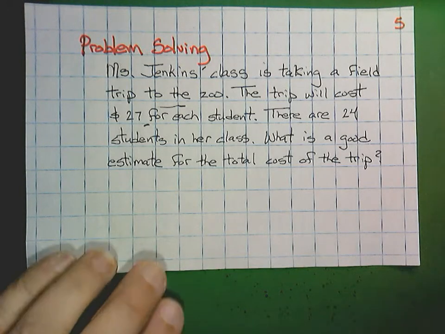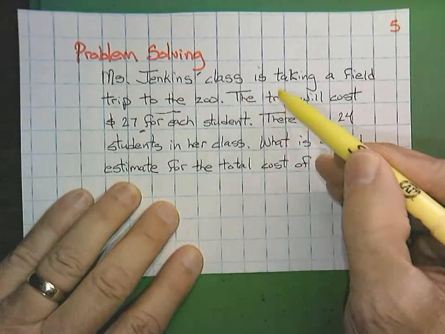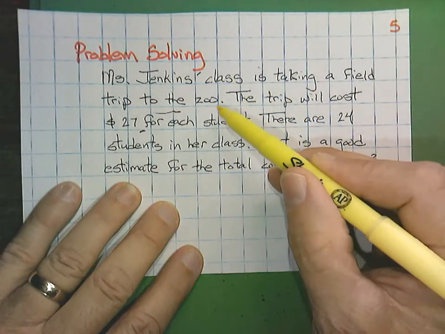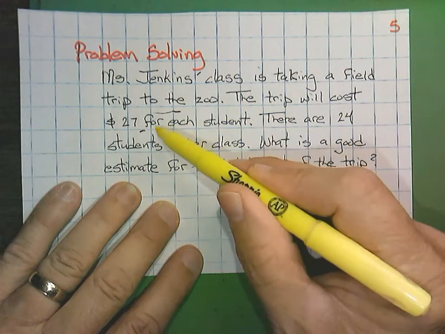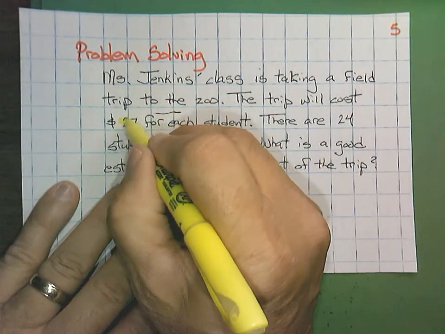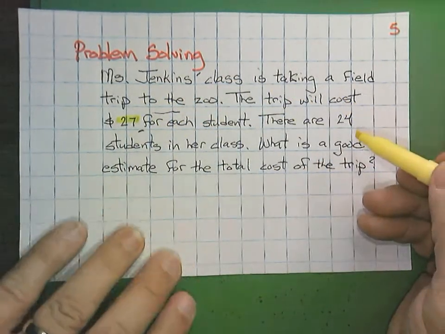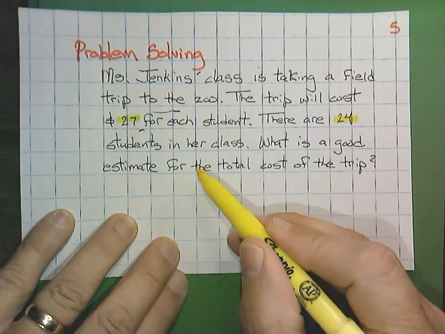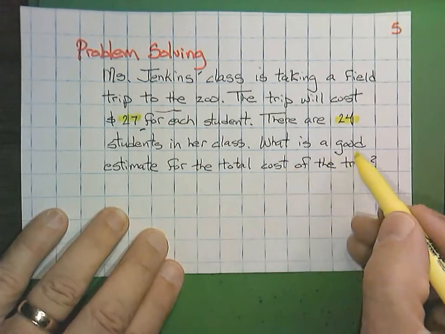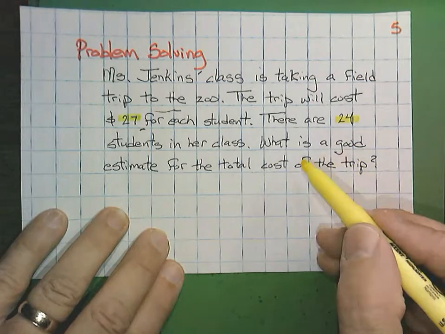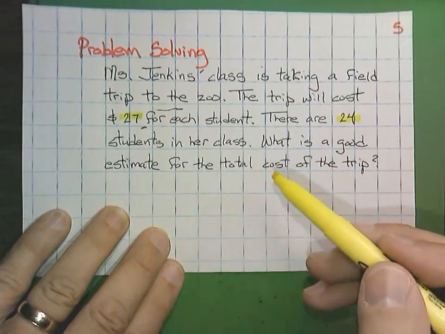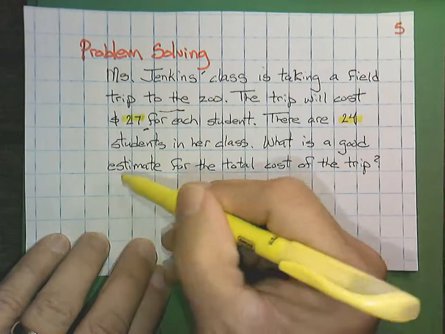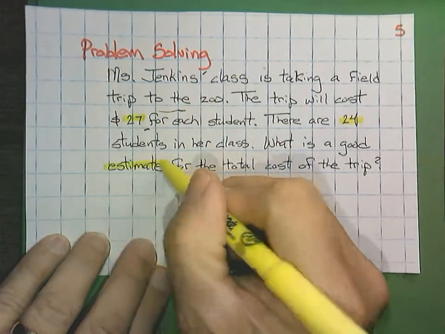I'm going to get my highlighter. So it says Miss Jenkins' class is taking a field trip to the zoo. The trip will cost $27. And there are 24 students. It's $27 each, so that's going to be 27 times 24. But then again, I noticed that it instructs us to estimate.